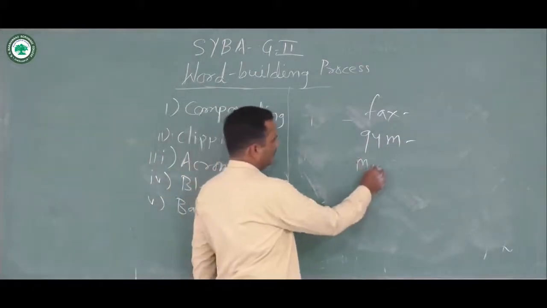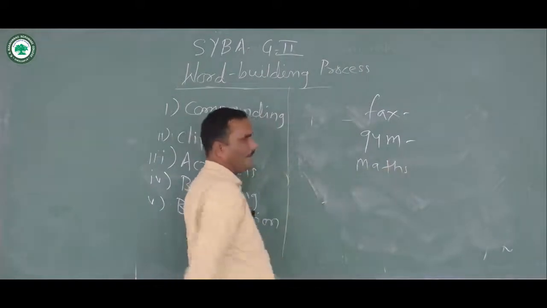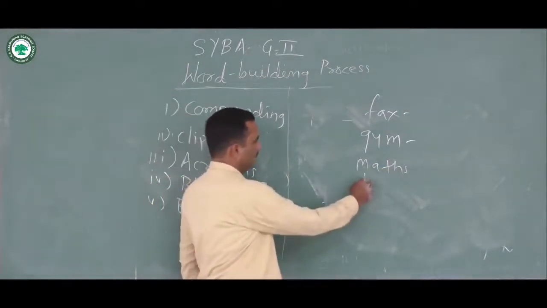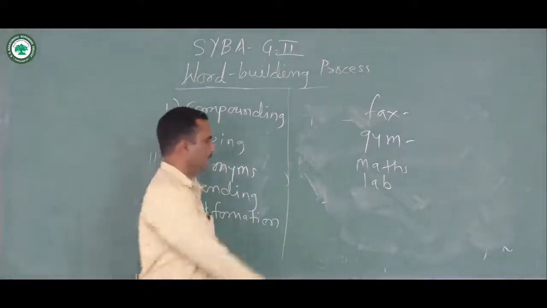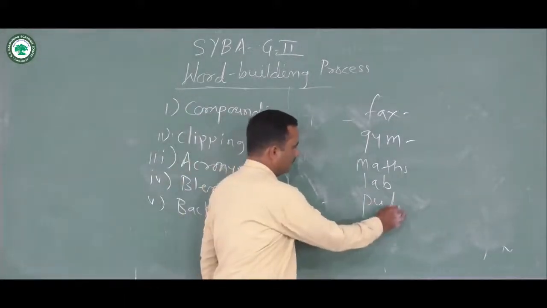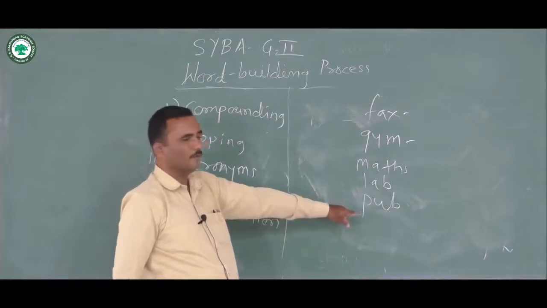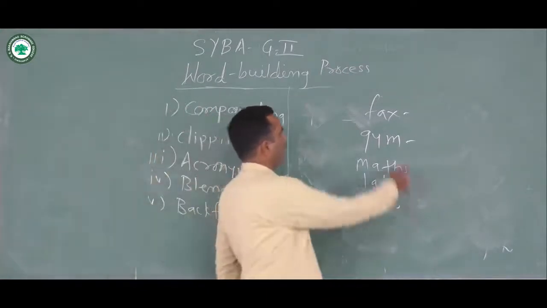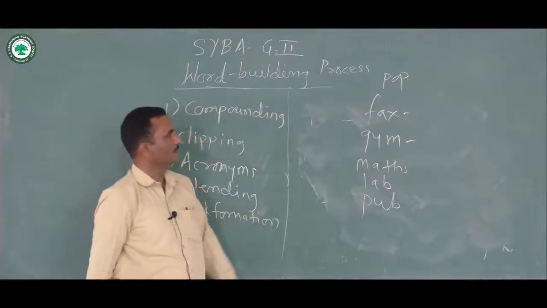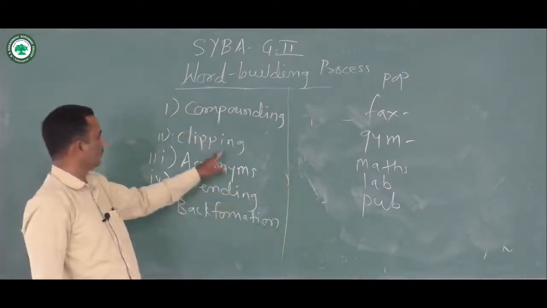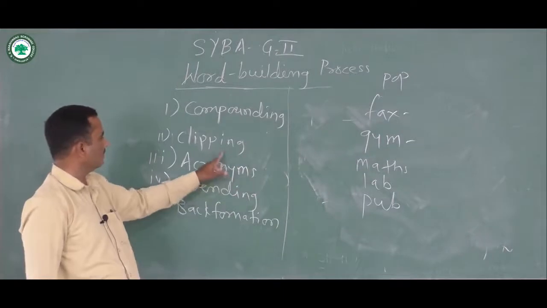Mathematics is clipped as maths. Laboratory is clipped as lab. Public house is clipped as pub. Then pop: popular music is clipped as pop. So this process of word formation is called clipping.